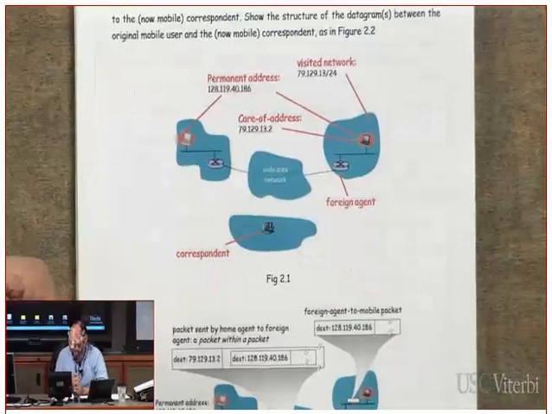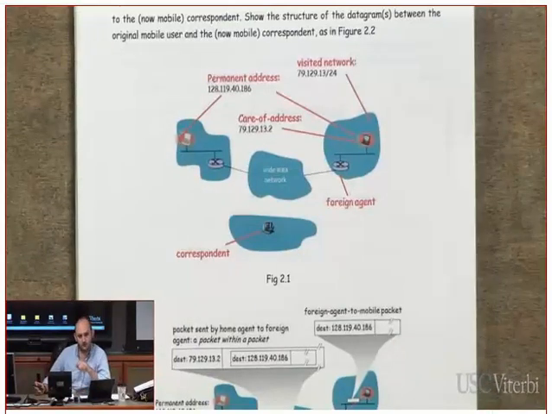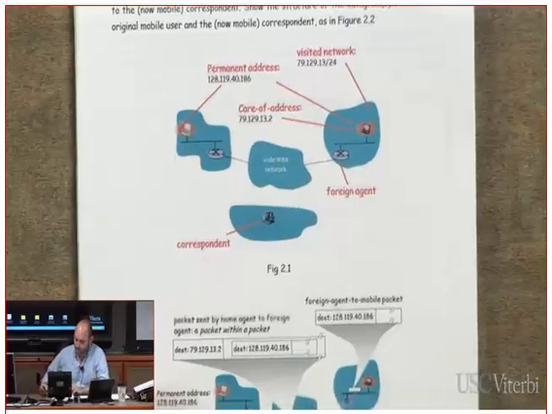So, the answer, first of all, before I show you and analyze what we will do, can you see what happens in the scenario when this guy wants to communicate to the student? How would you imagine the structure?